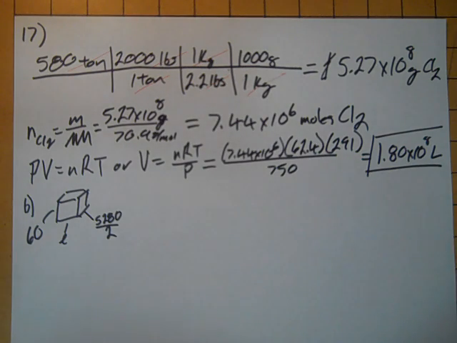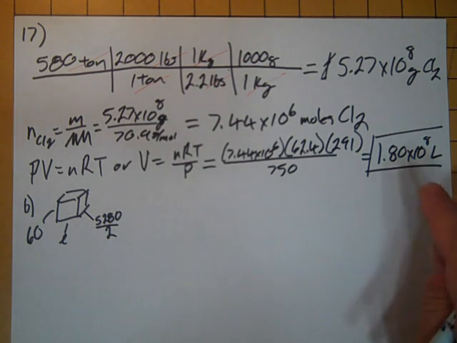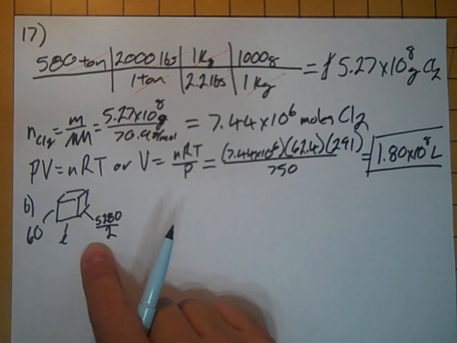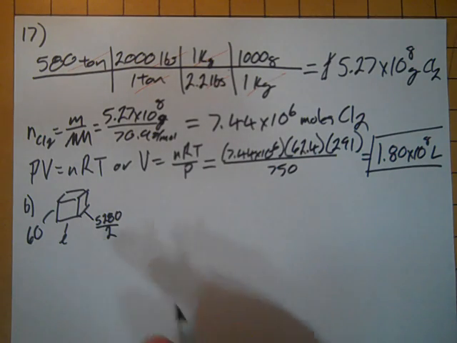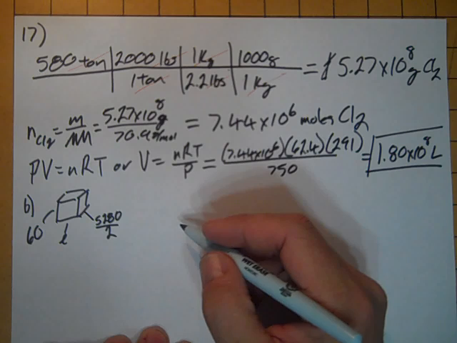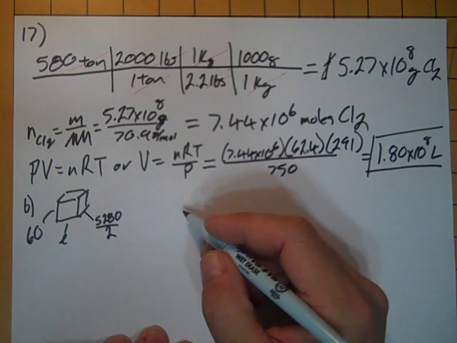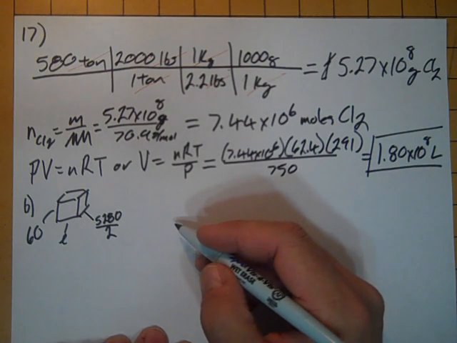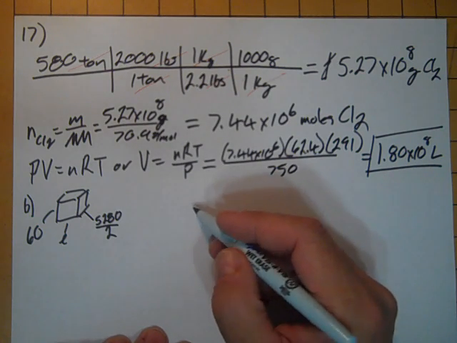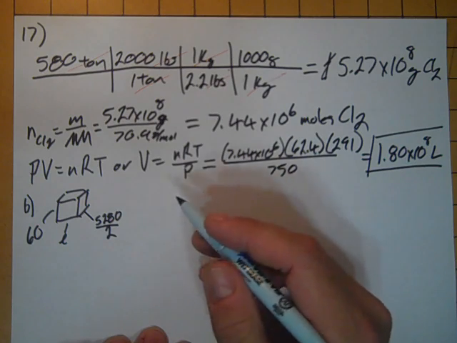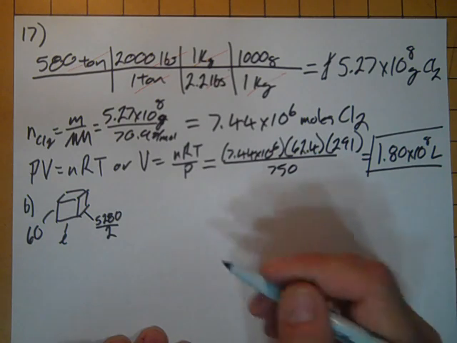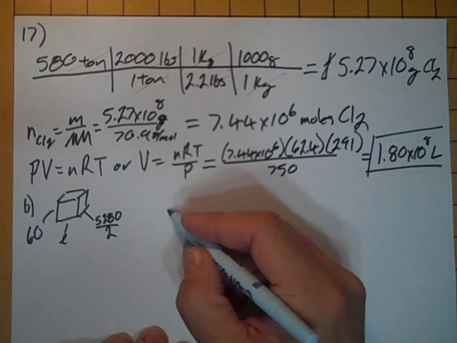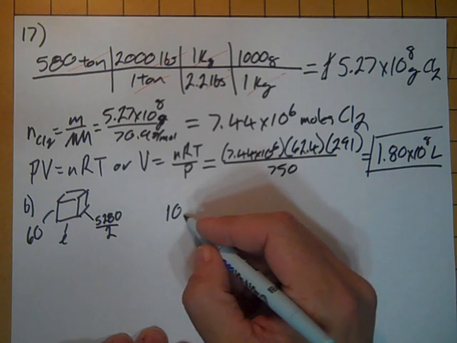But we have a little problem again, because this is in liters and these are all in feet. So we have to do a conversion. Now, the easiest thing to remember is that 1 liter is 1,000 cubic centimeters. Right? 1 liter is described by a cube, which is 10 centimeters on each side. 10 times 10 times 10 is 1,000. So, one side of this cube is 10 centimeters.